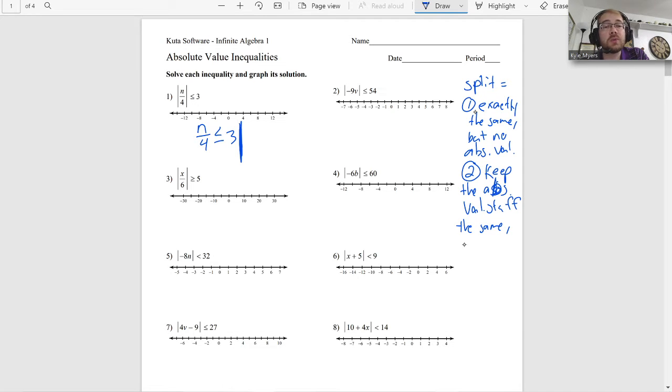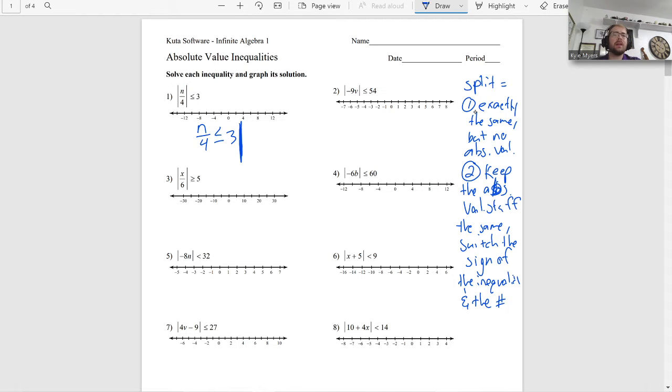Then you want to switch the sign of the inequality, and the number.